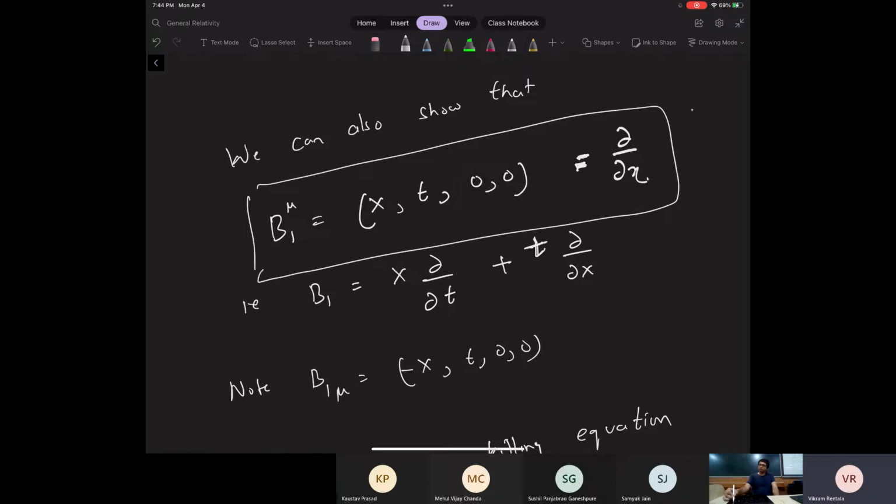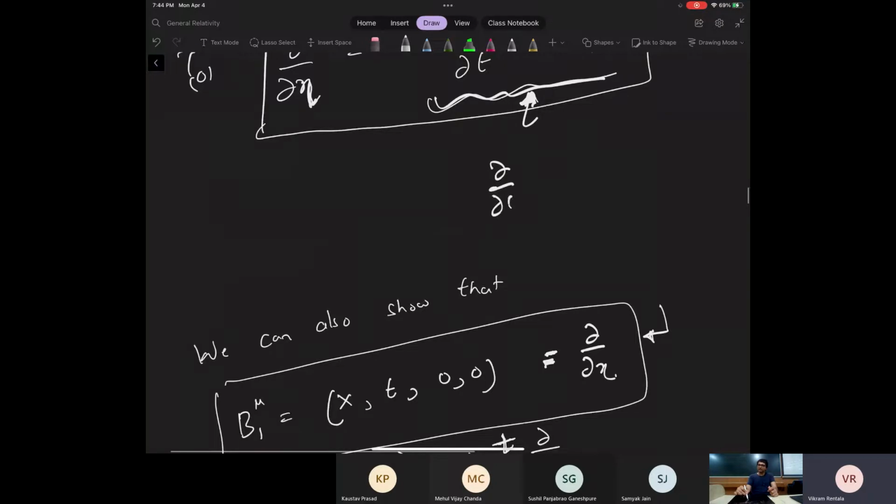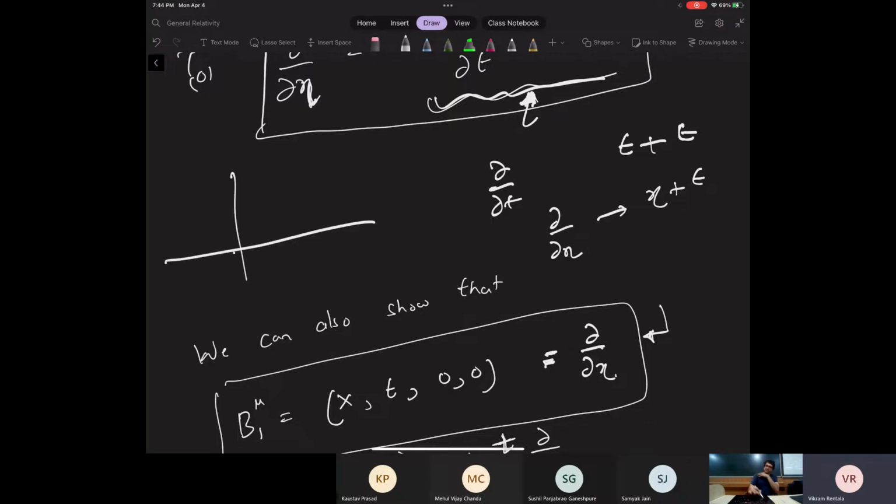Just like partial t generates translations in time for regular time coordinates, partial eta generates translations in Rindler time. Rindler time gets moved forward. If we recall what Rindler time is, over here, Rindler time is increasing eta.